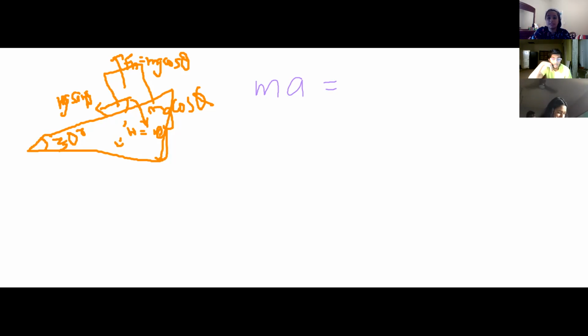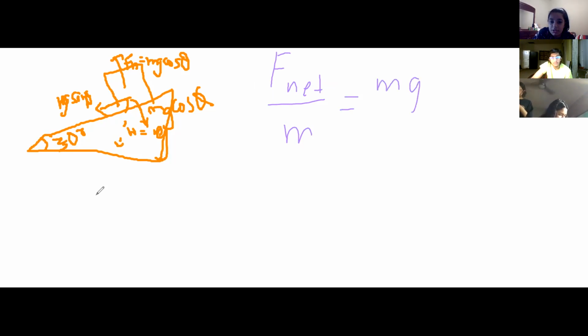Let me rewrite this. F net over m, that would equal, in this case, mg sine theta over m.